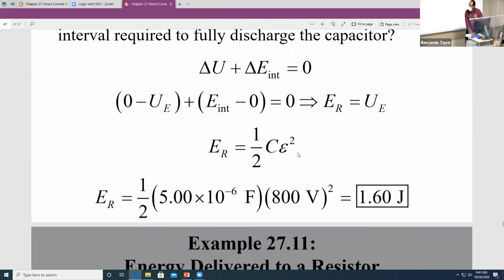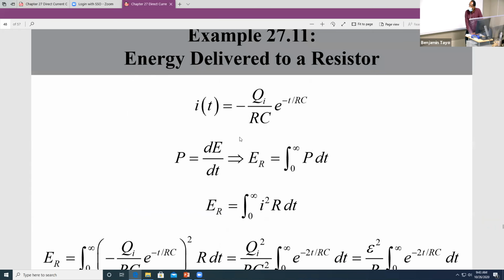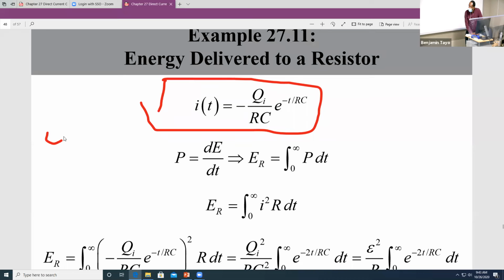Right, so this is exactly what I was talking about here. If you take this current at any time, which, because Q_i is equal to C times epsilon, means that this is equal to epsilon over R times e to the negative t over RC.